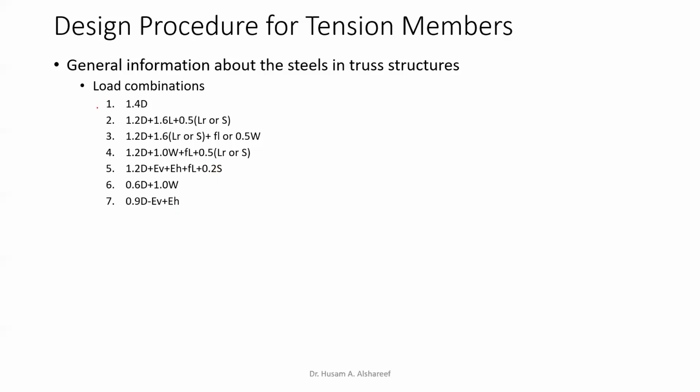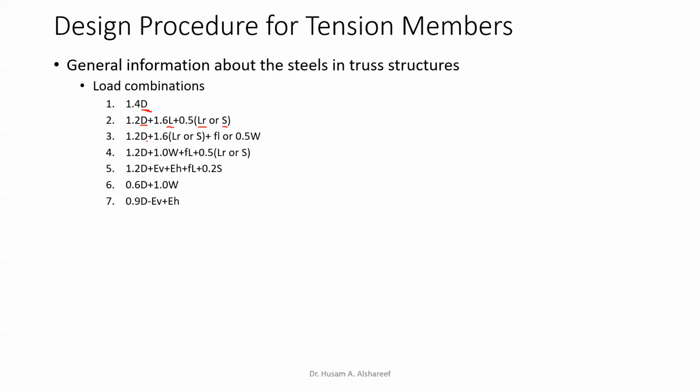So if your problem statement indicates only dead load, then this is the only case you should use, case number 1, 1.4 times the dead load. But if your problem statement indicates dead load, live load, and either roof live load or snow, then you should use the second case.